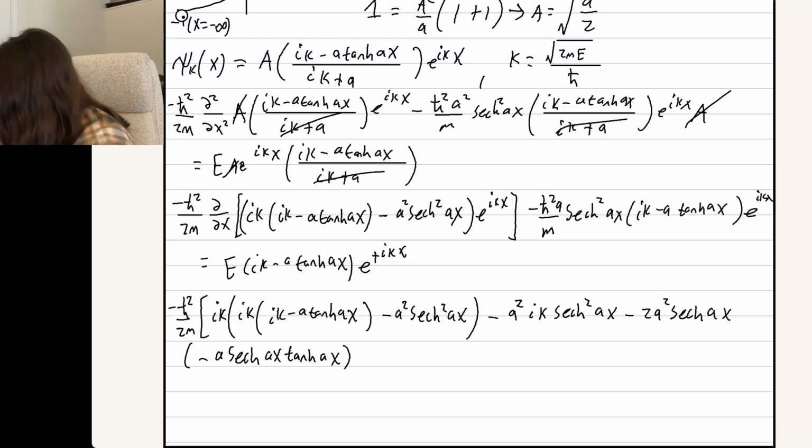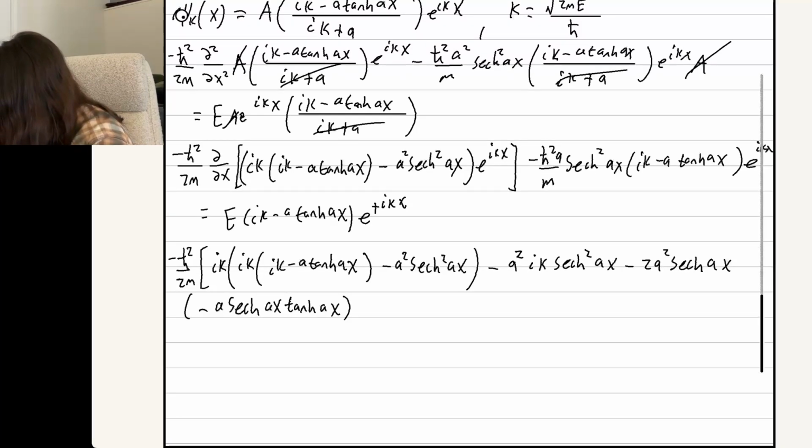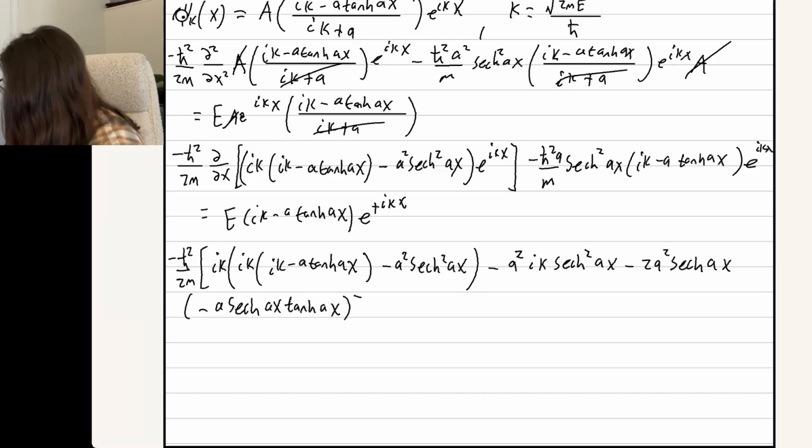Just a little bit of a chain rule, I guess. And then all of that is multiplied by the e to the ikx.